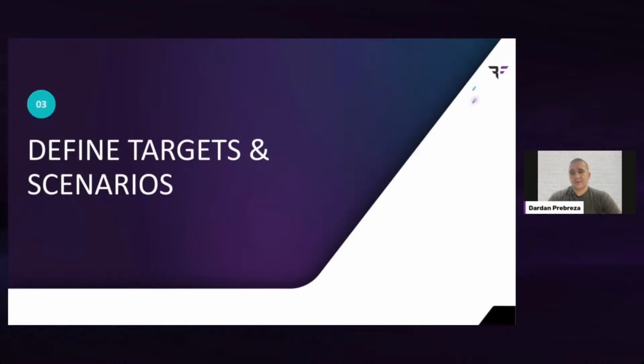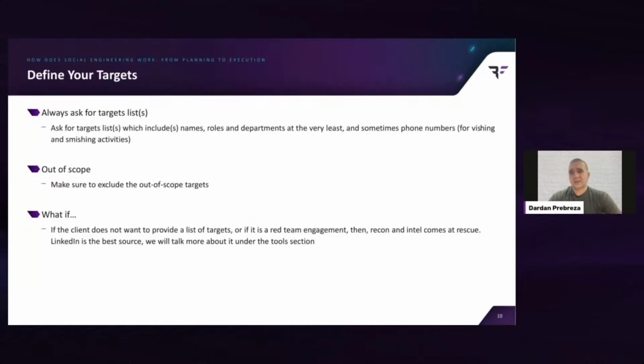The next step is to define targets and scenarios. Always ask for a targets list, even when it's not a simple social engineering campaign. It should include at least names, roles, and departments.